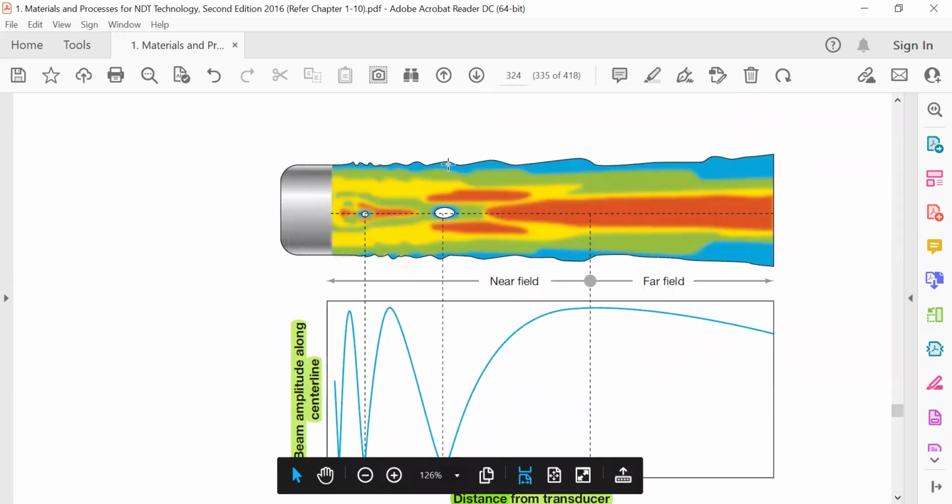So all this is the near field and the far field.